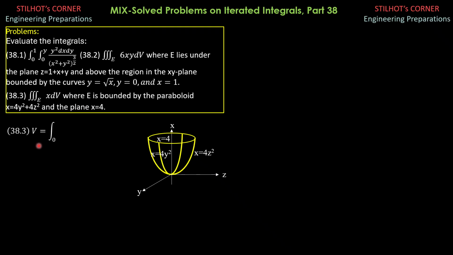So V equals the integral from 0 to 2 pi, one revolution of the circle. Then this is for the radius, 0 to 1. I will explain this.